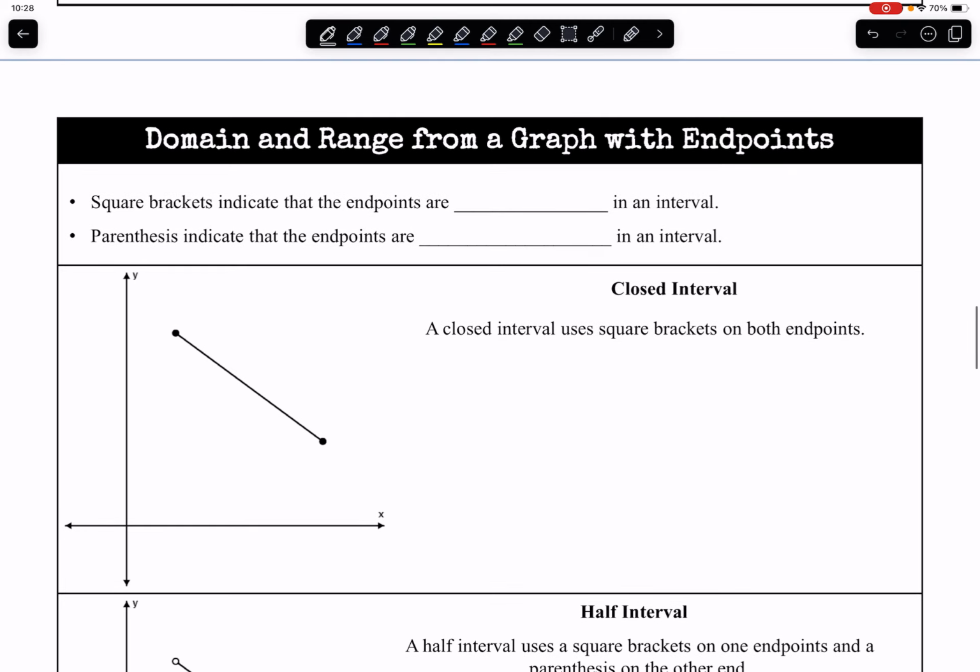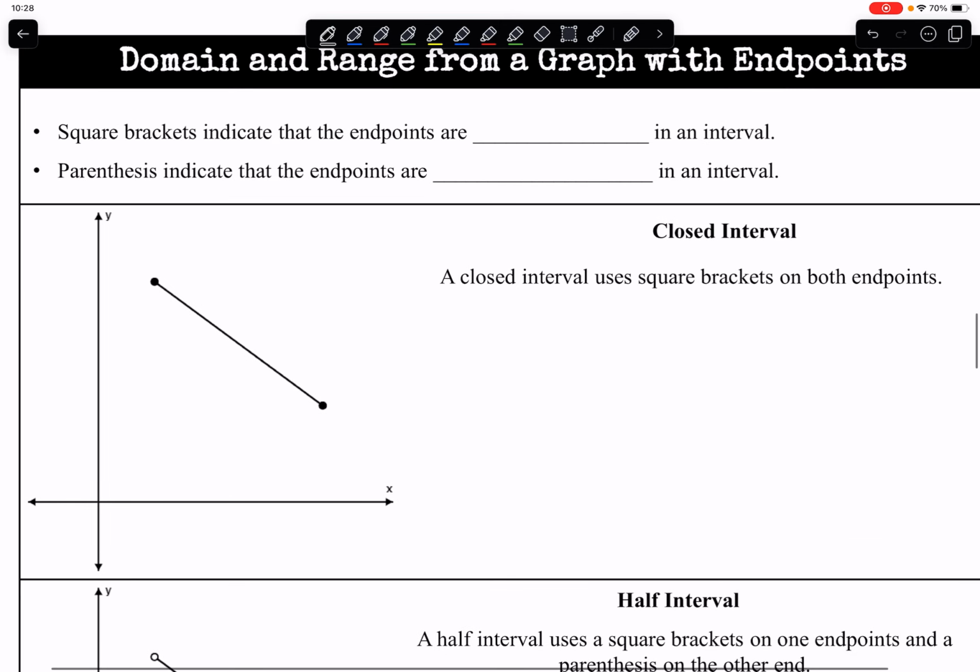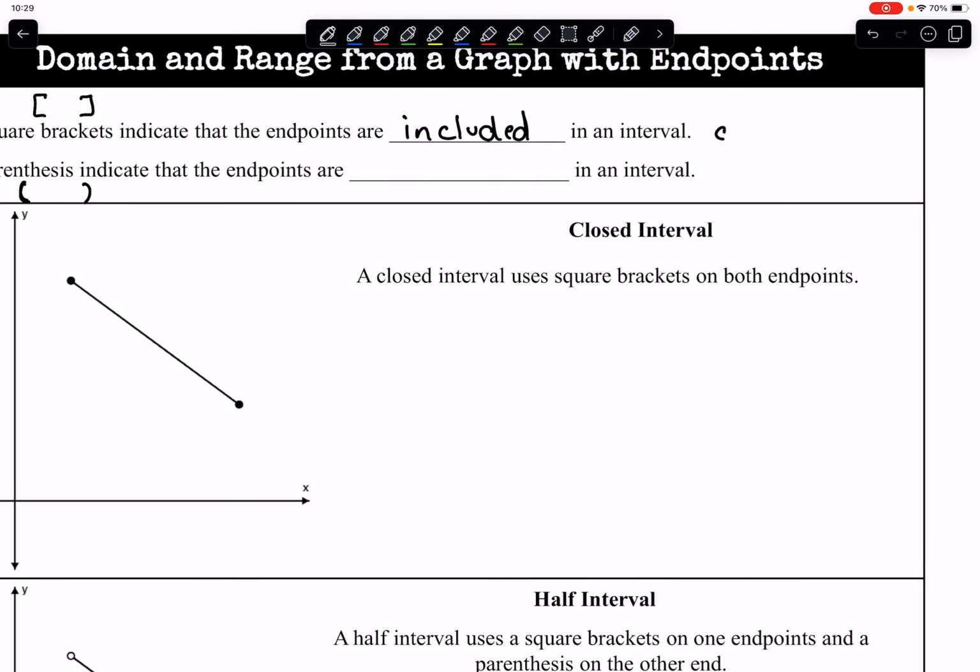Now, since we're going to be using interval notation to represent this idea, we have to talk about when we use square brackets, which is this symbol right here, or parentheses, which are these symbols right there. We use square brackets to indicate that the endpoints are included in the interval, which means we have closed circles as endpoints.